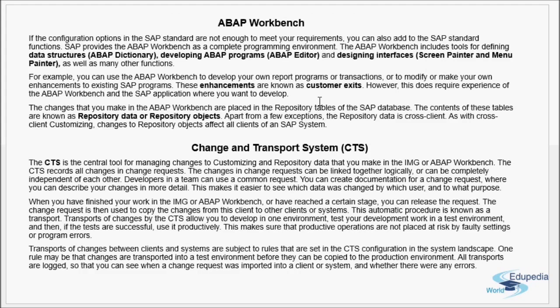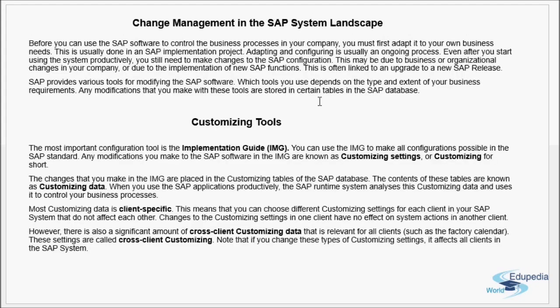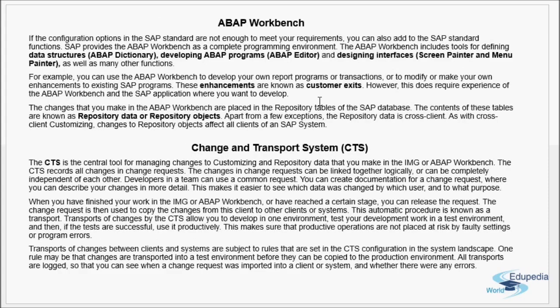So when we talk about transports, transport is nothing but movement, right? So here we should know about customizing data or repository data, so that we should be able to differentiate and know.